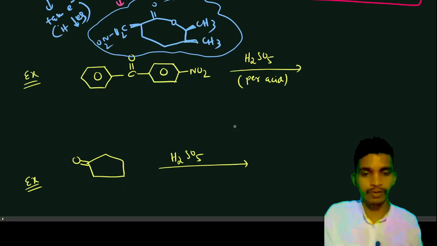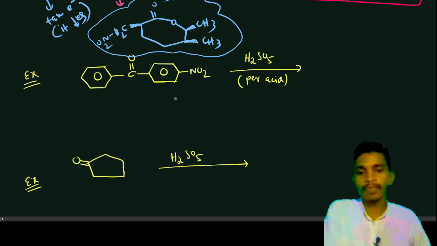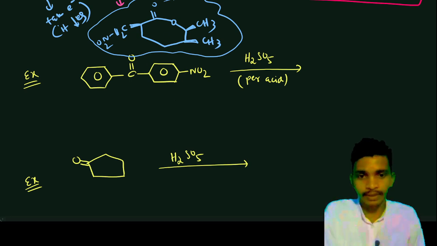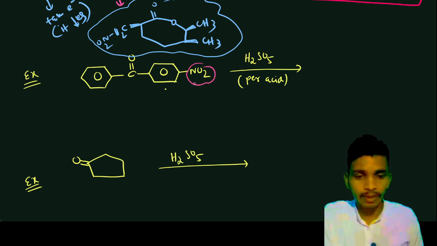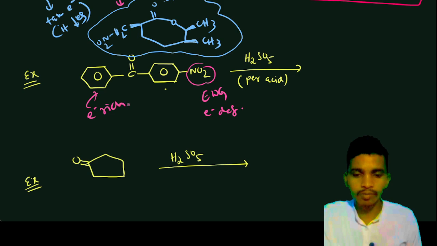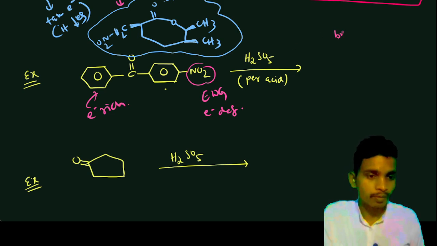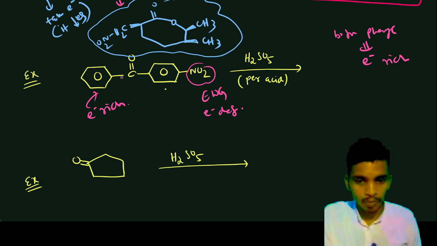Okay, likewise we will solve this one. In this case, both are phenyl rings. If both are phenyl rings or both are alkyl groups, we check which is more electron rich. This is an electron withdrawing group, which means it is electron deficient, and this is the electron rich one. So both are phenyl rings, then we check the electron rich group, so O will be attached here.